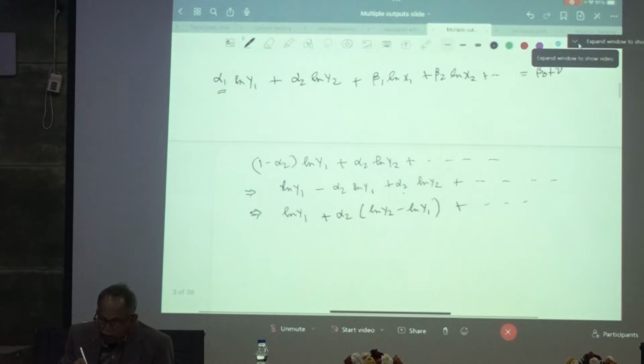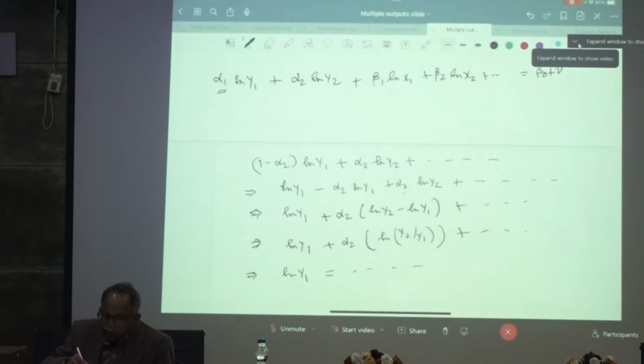So now in the last line, I have log of y1 plus alpha 2, and then I can write this as log of y2 over y1. Right? So finally I can write log of y1 and throw everything on the right hand side.